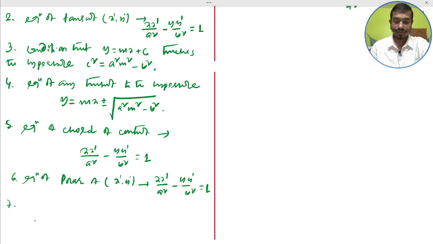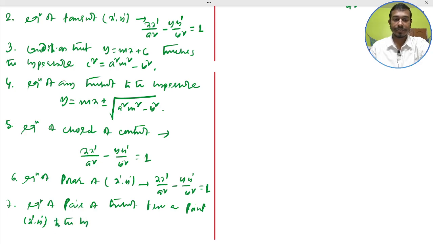Next, equation of pair of tangents from a point, basically x dash, y dash, to the hyperbola is what?